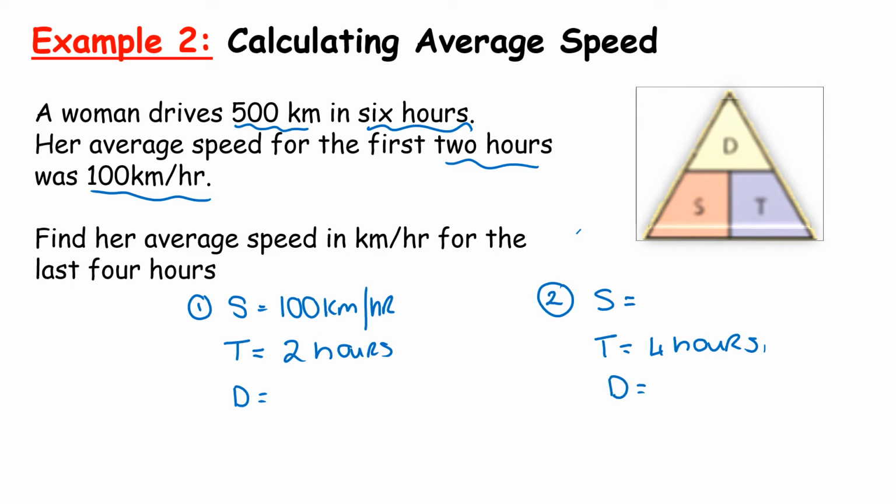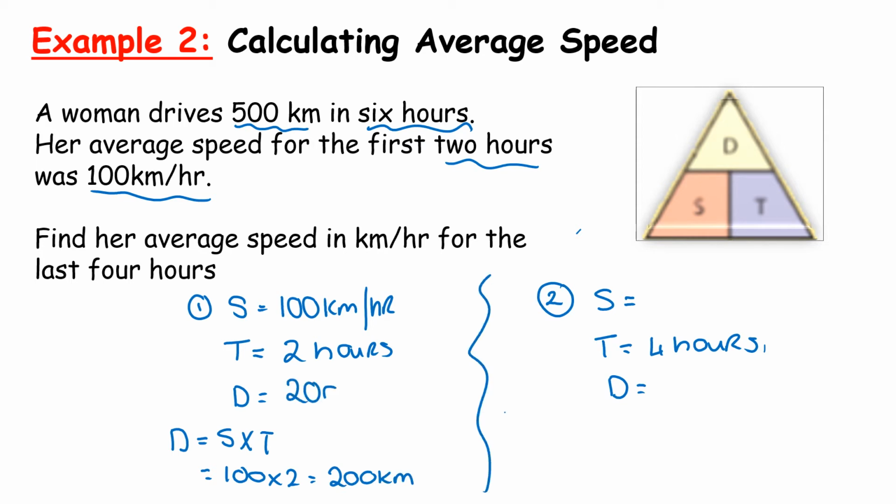So in this section here, using D is equal to speed by time, I'm going to work out that speed was 100 by 2, so the distance was 200 kilometers. So in that first 2 hours, she has traveled 200 kilometers. Remember, she drives a total of 500, so in the second section, she must have traveled 300 kilometers.